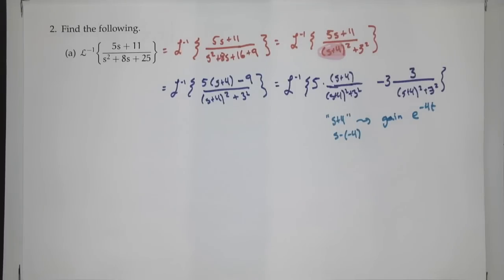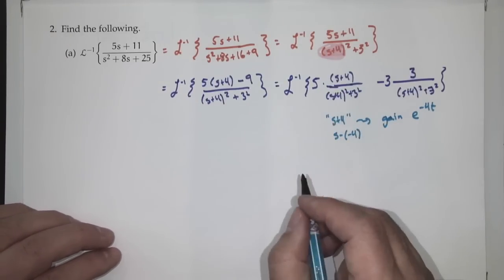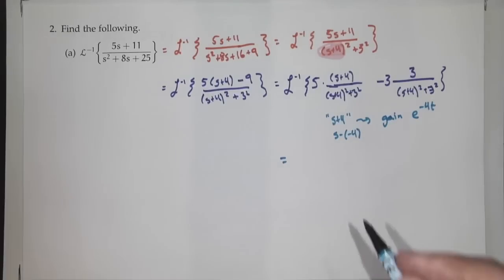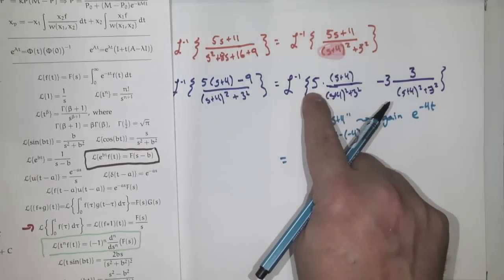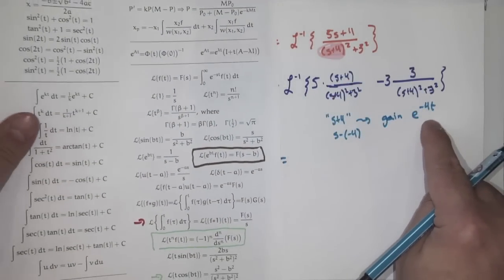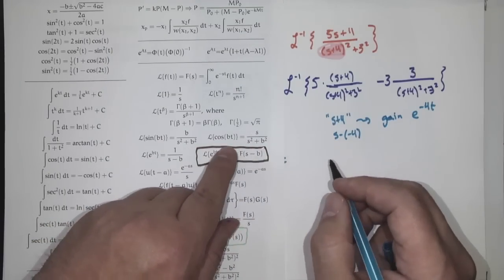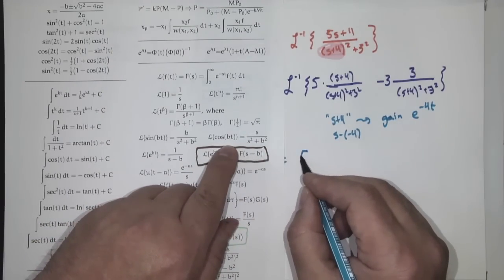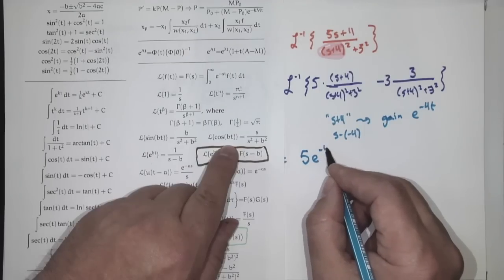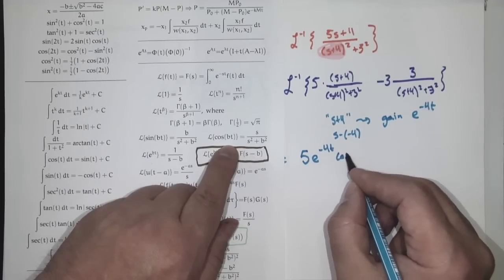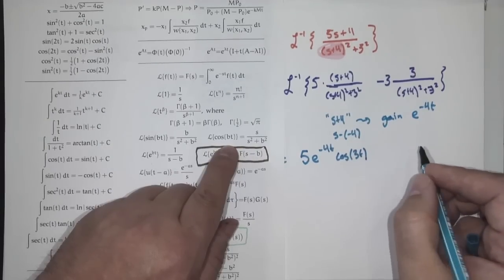So we're going to gain an e to the minus 4t. And now we say, all right, what do we end up with? Well, we have the 5. The s plus 4 means e to the minus 4t. And we have that b is 3. So putting that together, we get 5 e to the minus 4t cosine 3t.